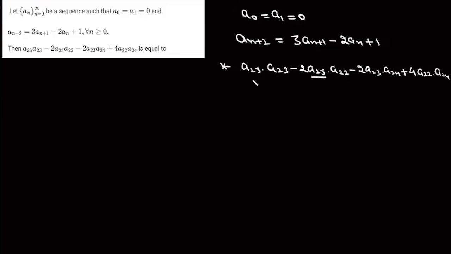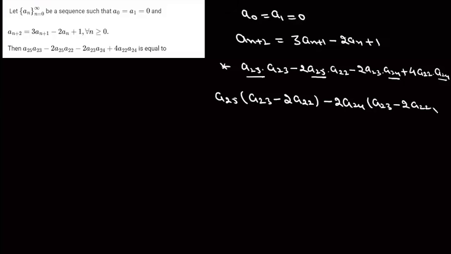Now here what we'll do is we'll take A25 common and A24 common. So here will be A25 and we'll get A23 minus 2 times A22, and here we'll take minus 2 A24 and we'll get A23 minus 2 A22.